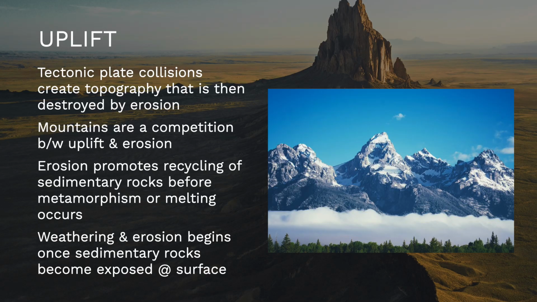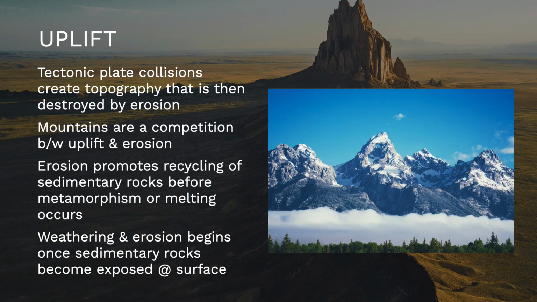So erosion promotes the recycling of sedimentary rocks before metamorphism or melting occurs. We can create them and then just start to erode them right away without them transforming into anything else. Weathering and erosion will begin once a sedimentary rock becomes exposed at the surface. So again, mountains are the competition between uplift and erosion.